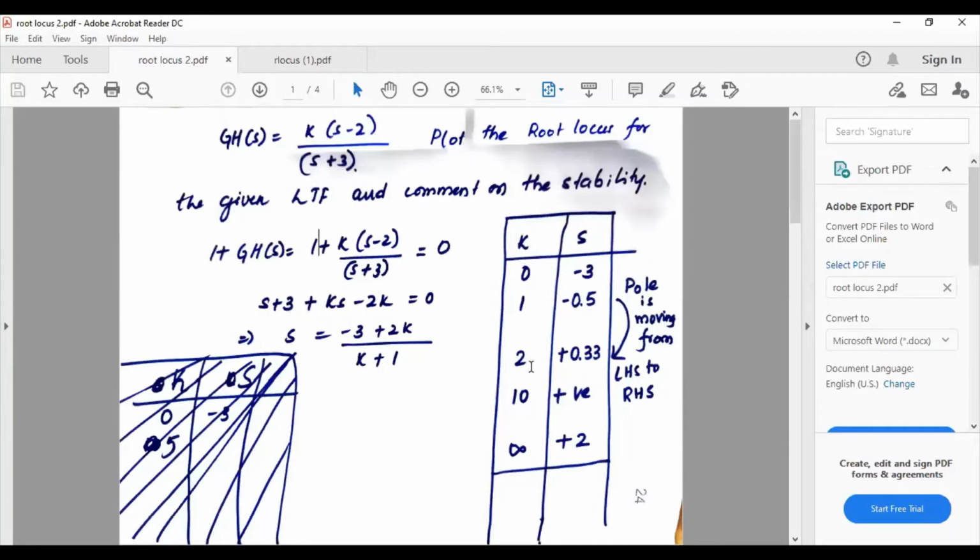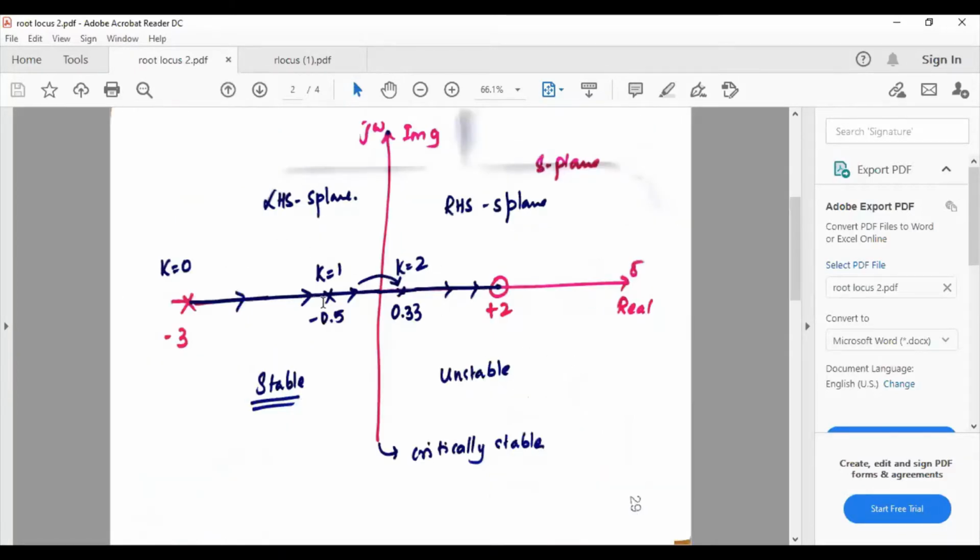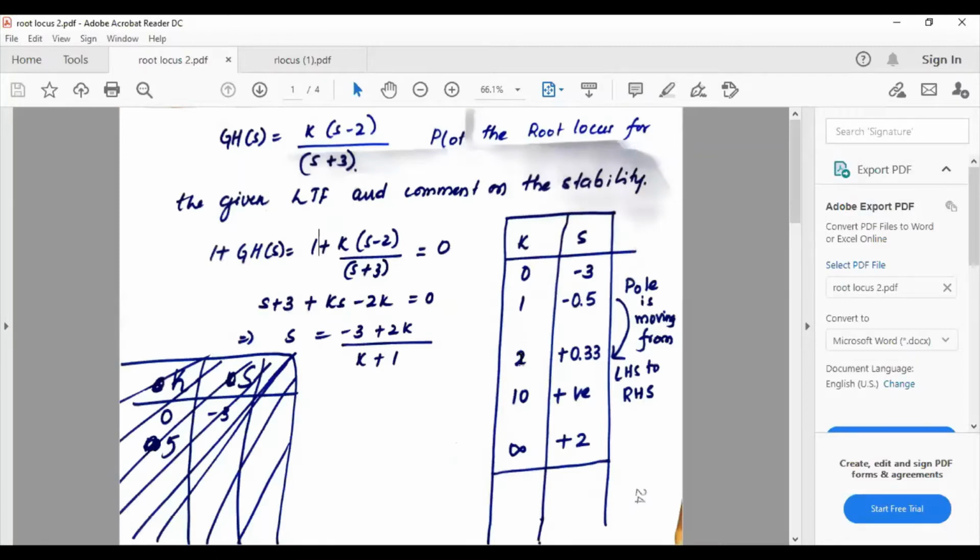Then at k equal to 2, we have the closed loop pole as positive. So the closed loop pole of the system has shifted from left of S plane to right of S plane when I increase the gain. And for all values of k greater than somewhere between 1 and 2, the closed loop pole is positive, and at k equal to infinity, it is plus 2.